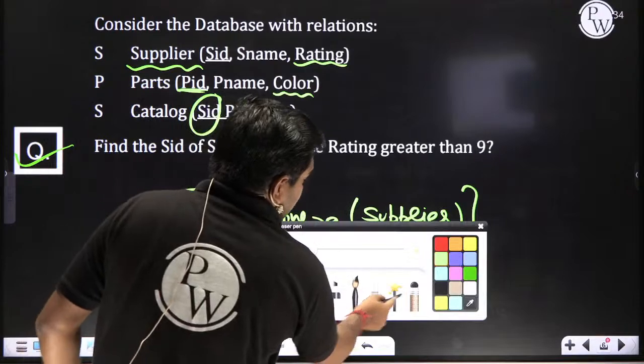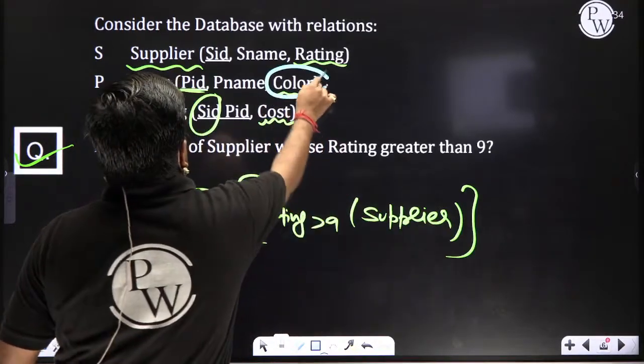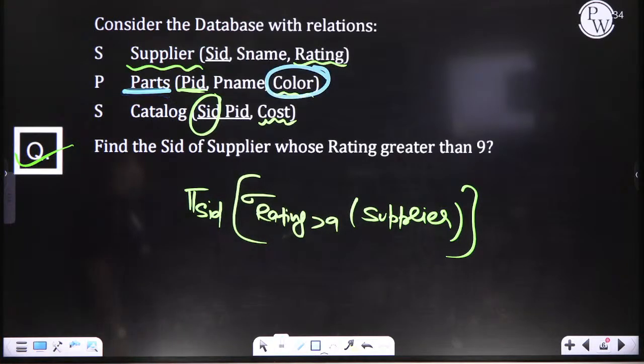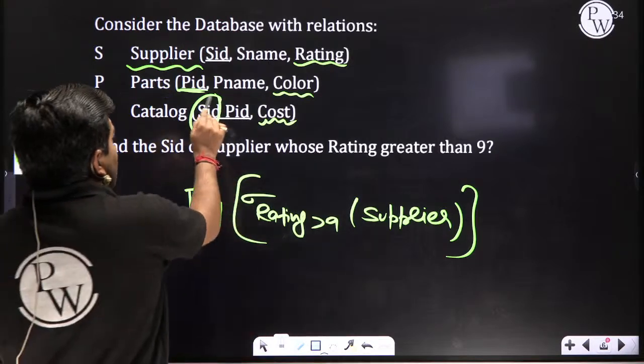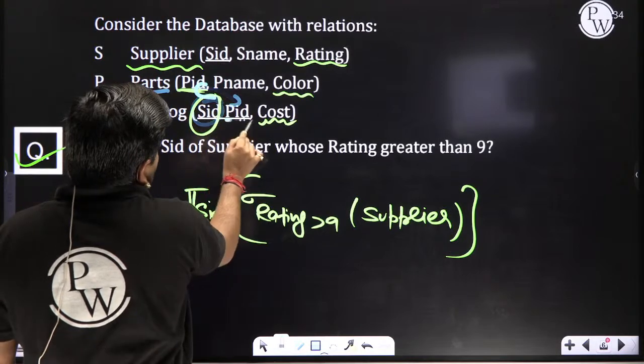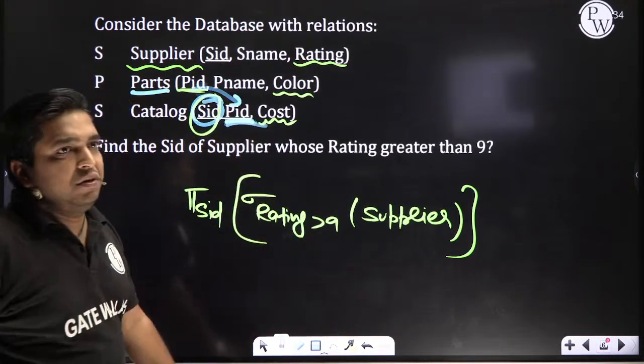Color is available in the parts table, and we want SID. So what connection can you make? Parts.pid equal to catalog.pid.